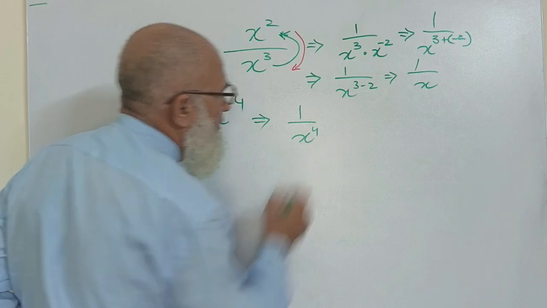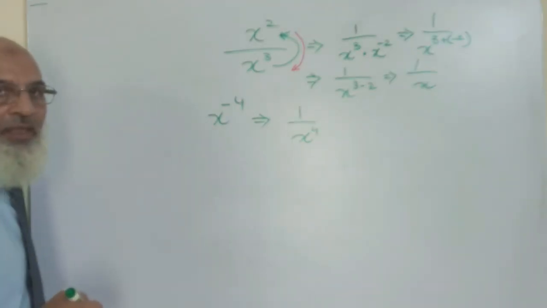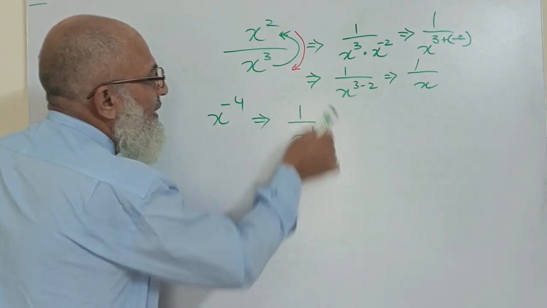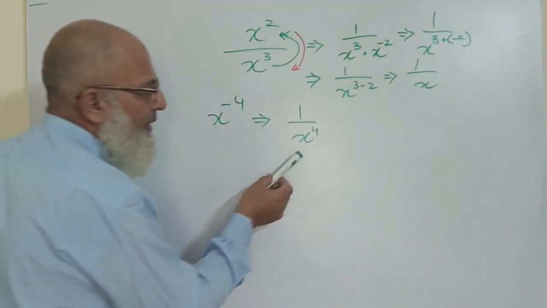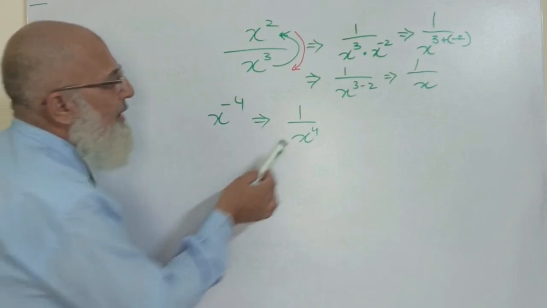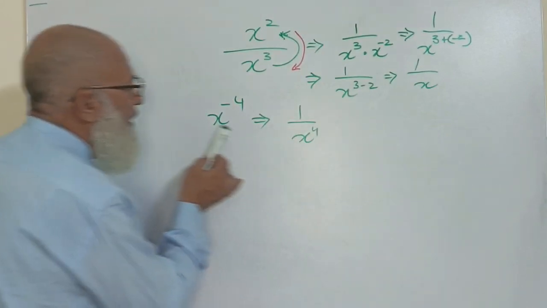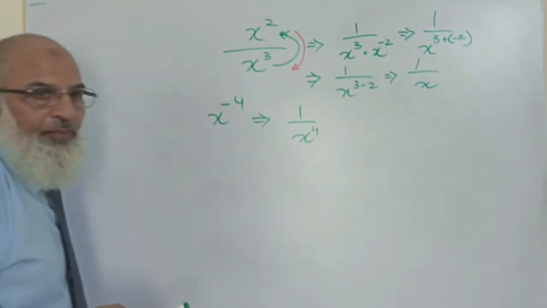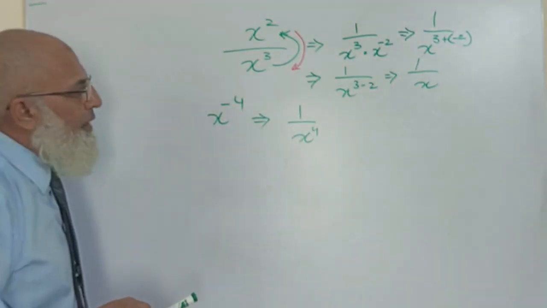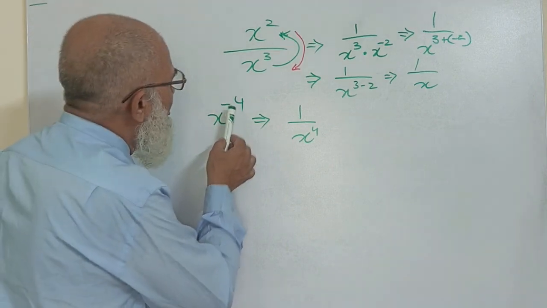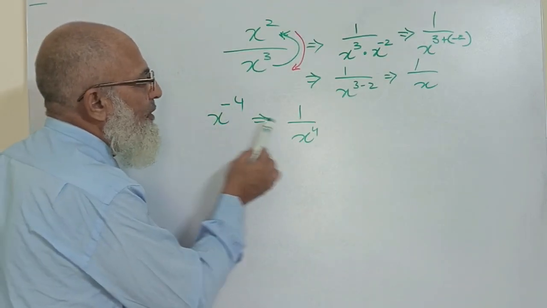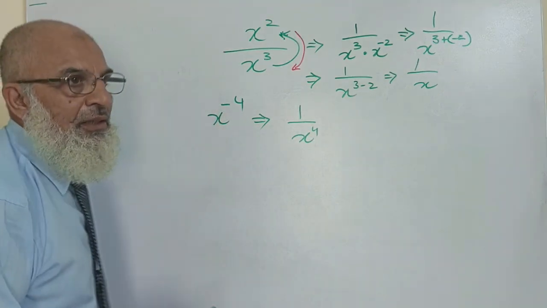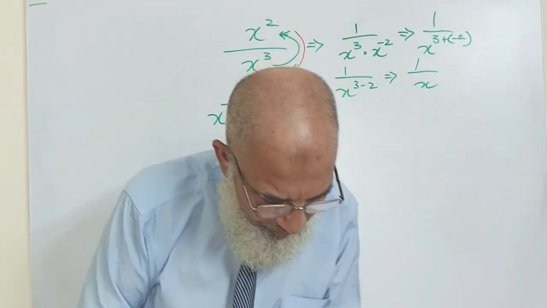This is a reciprocal. x minus 4 will be written like this. It was originally like this, but we converted it into this, and again we have converted it back to its original position. So if a minus sign appears, you just write the reciprocal of whatsoever is written.